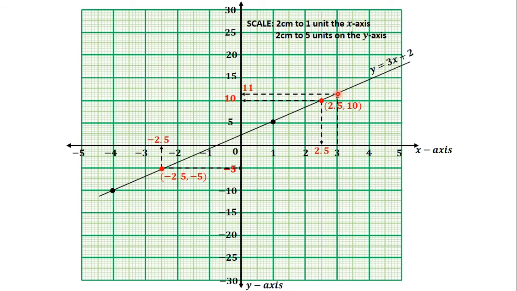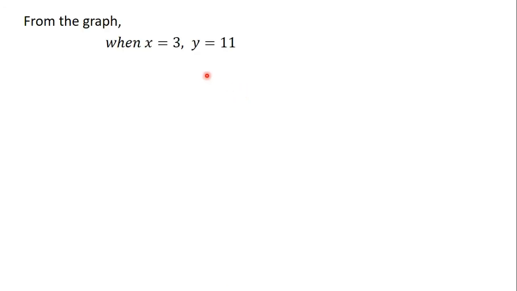Now when you trace it from this point to the y-axis and you read the value there, you are going to have 11. So it means that from the graph, y is equal to 11 when x is equal to 3. When we use the equation of the straight line, we got y is equal to 11 when x is equal to 3. And when we used our graph also, we got y is equal to 11 when x is equal to 3.